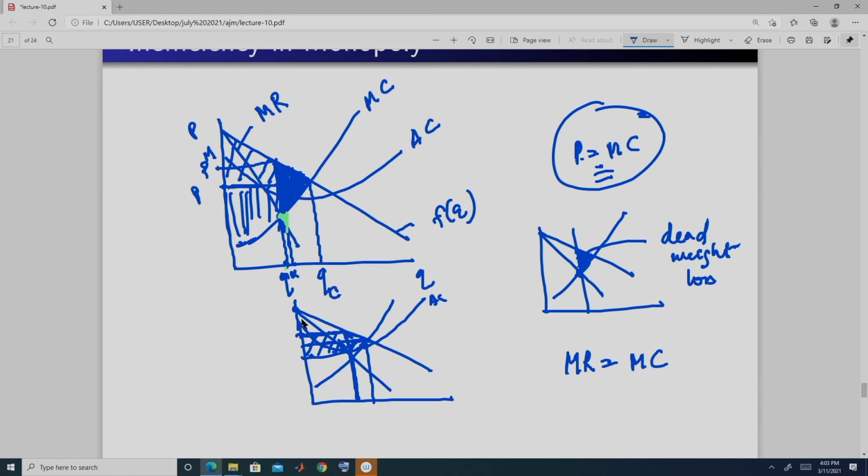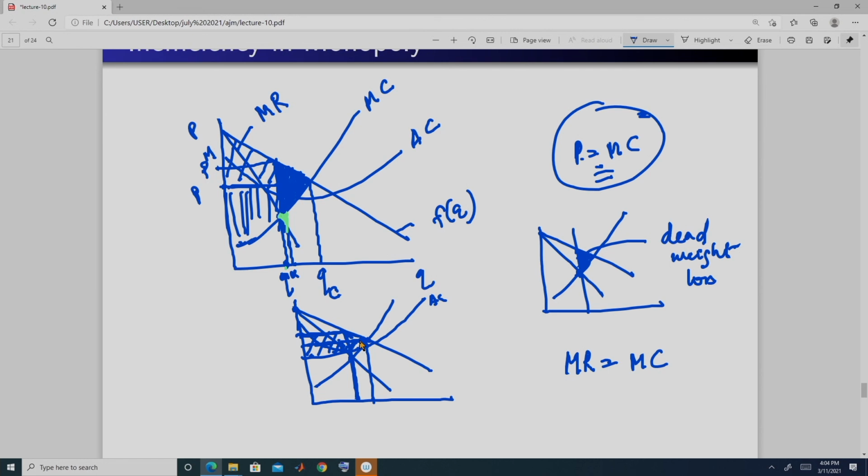Now, what happens if you ask the monopolist to produce at this much level of output, and you set the price at this level?